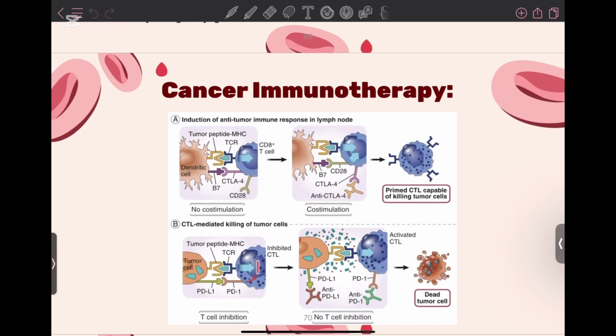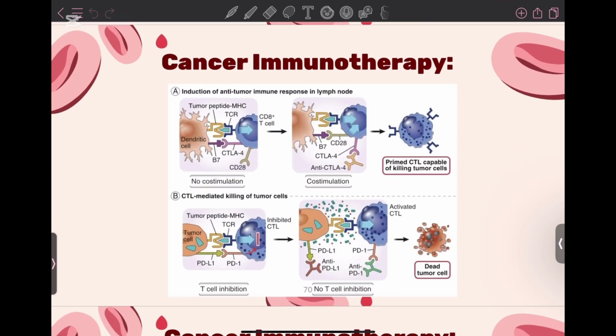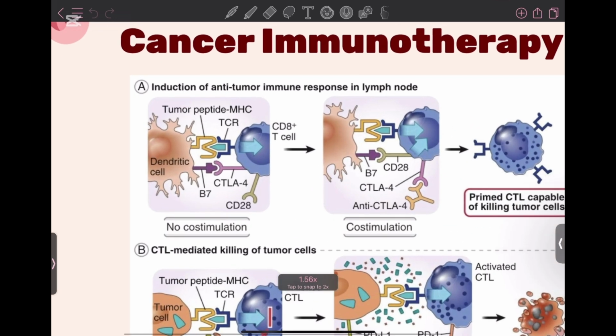We also have the induction of the anti-tumor immune response. What we're doing here is enhancing the capability of your T cells to figure them out. If you look here, we have the dendritic cells and the tumor peptides expressed on the MHC.